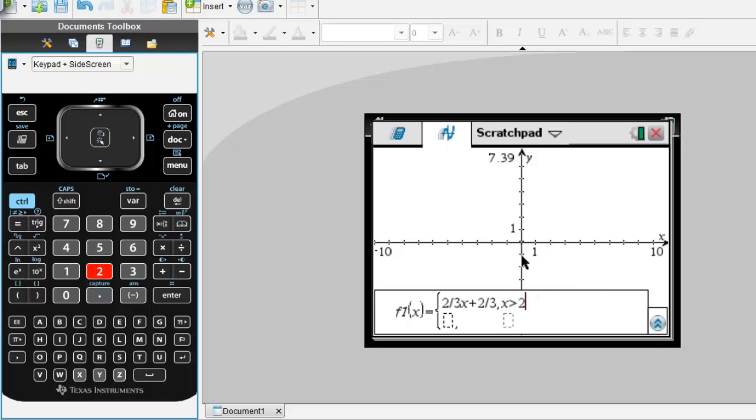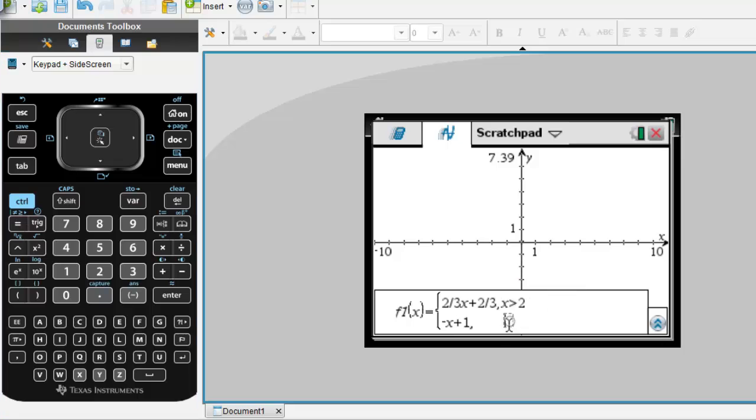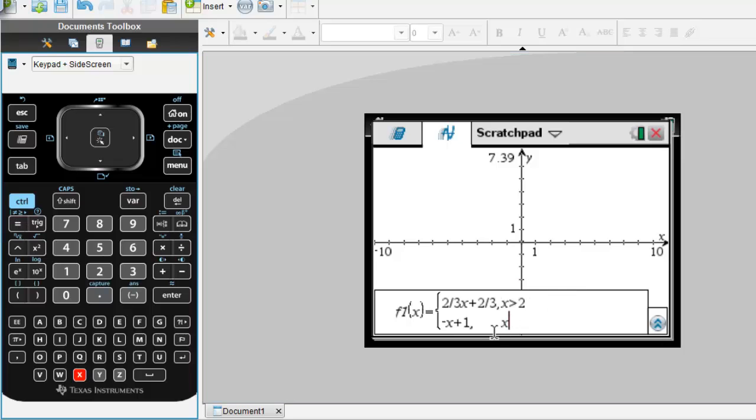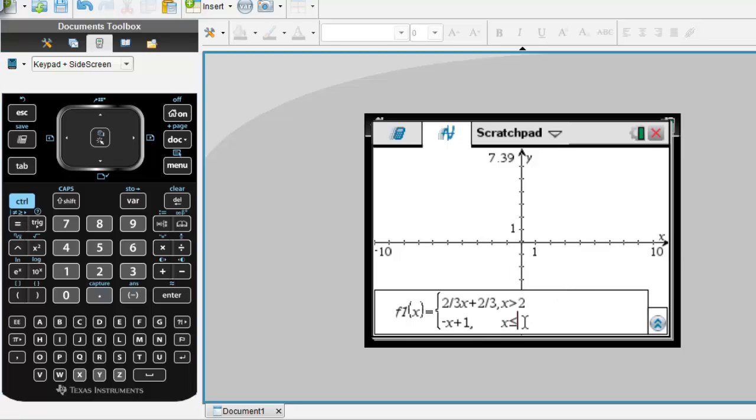Now I'm going to tab down to the part below, and so now I'm going to do negative x plus 1, and I need to also do my inequality for that. Oops, sorry, should have done x first. So x is less than or equal to 2.